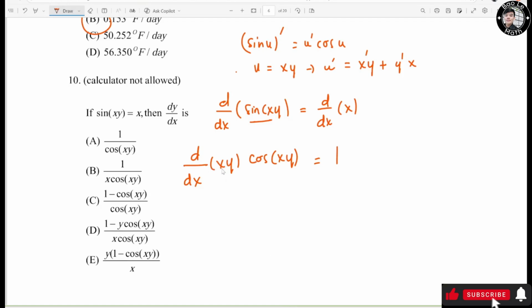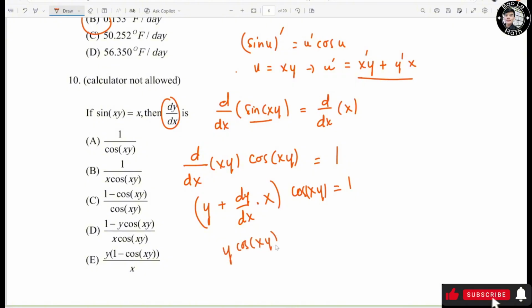Now, for the derivative of this one, we use the product rule right here. So the derivative of s is 1, so it's y only, plus the derivative of y, which is dy over ds times s, times cosine of s y, equals 1. Now we're going to distribute this one, so we have y times cosine s y plus s times cosine s y times dy over ds equals 1.